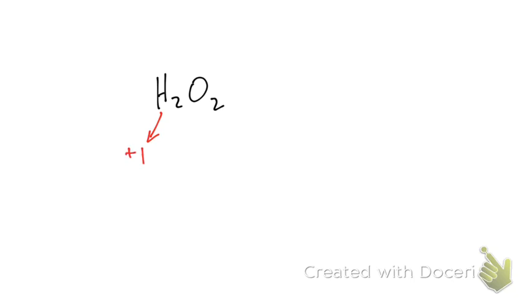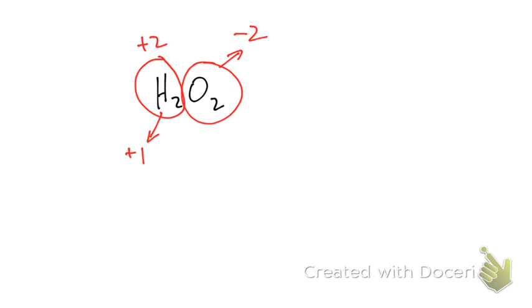Right? And so because we have 2 hydrogens, the overall oxidation state of this is positive 2, right? Because 1 times 2 is 2. And so that means the oxygens should have a total of negative 2, right?